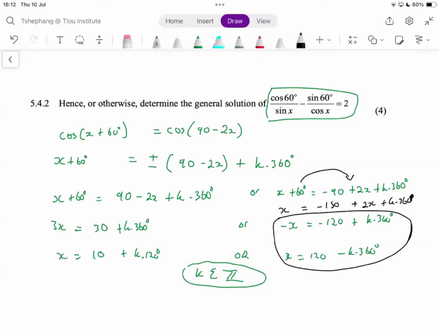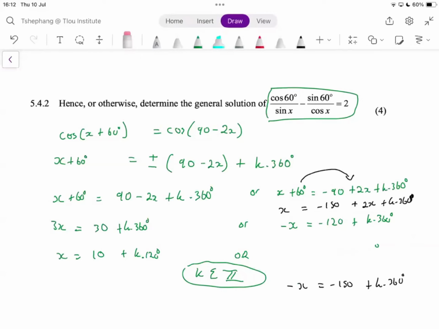And then I'm going to bring the 2x over. So it's going to be negative x is equal to negative 150 plus k 360. And then we solve by dividing throughout. Thank you so much for spotting that silly mistake. In my mind, it's a positive 90 and I'm subtracting 60 from it.